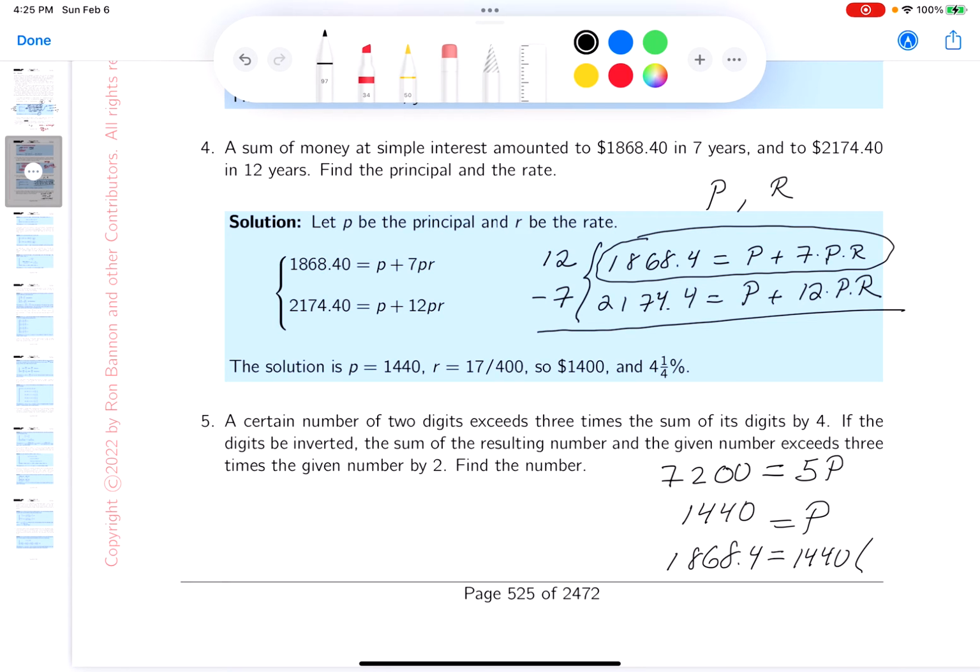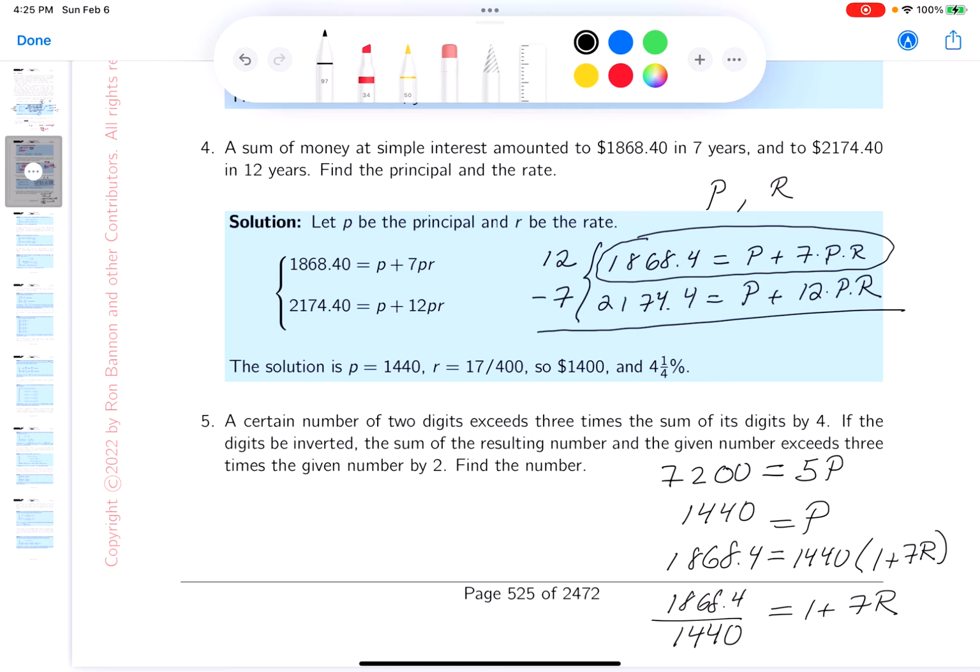And then you would get 1 plus 7R. So the computation would be 1868.4 over 1440, and that would equal 1 plus 7R.